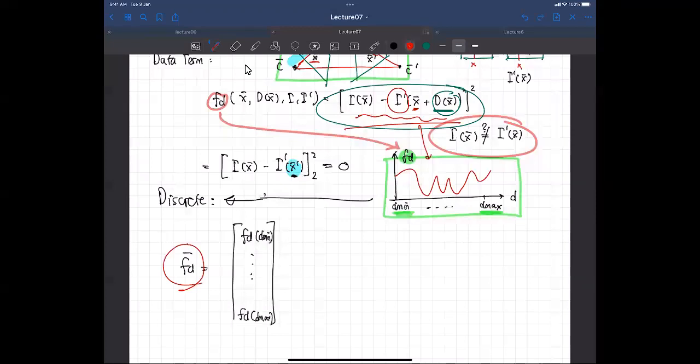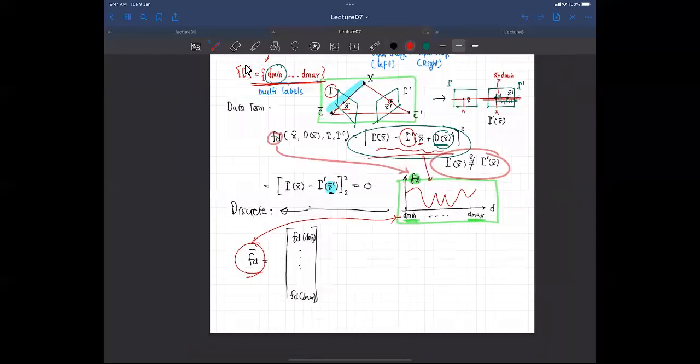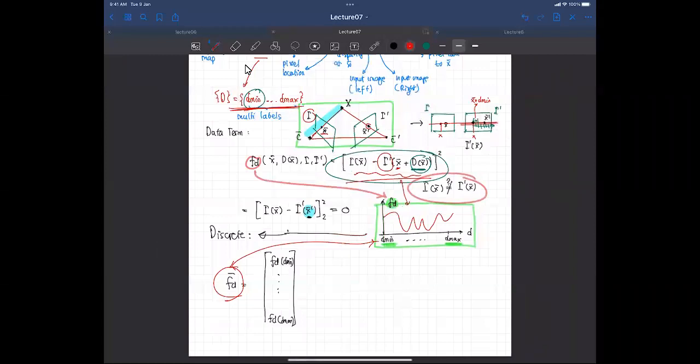It's the same thing as this, but now it becomes discrete. This describes, for one pixel, what will be the cost of all the possible depths. Any questions? If you get confused, I can explain in more detail.